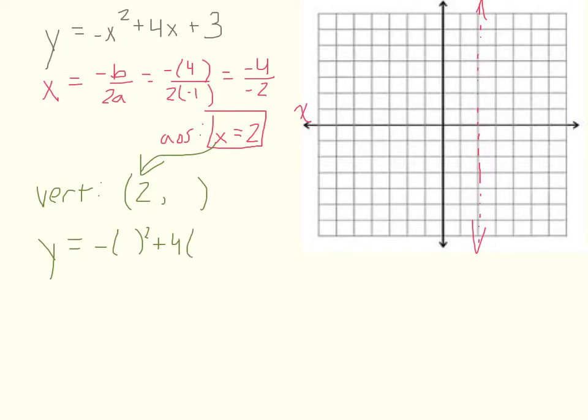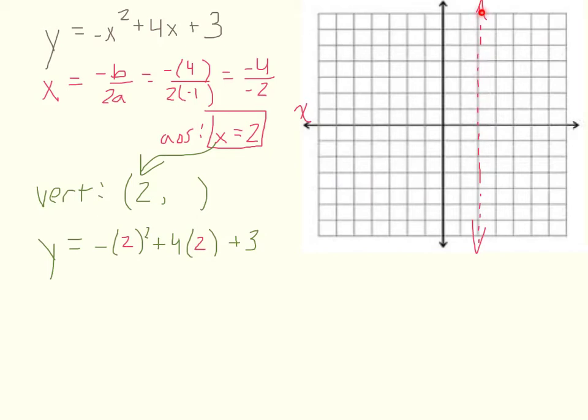I'm going to plug in my 2 value to both of these x's. I'm going to make that in red just because I want it to stand out. That 2 value is the same as my axis of symmetry 2 because these two things are actually in the same location. Our vertex will be along this axis of symmetry once we actually graph it.